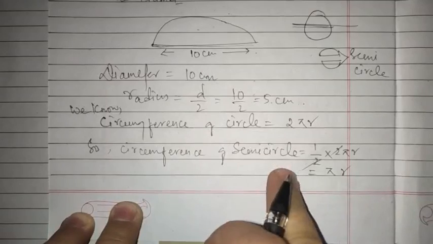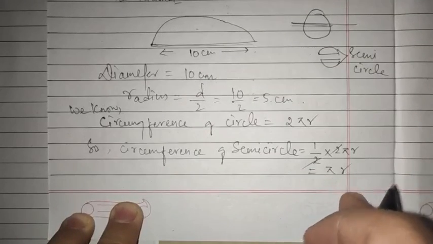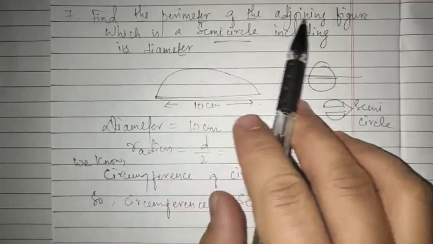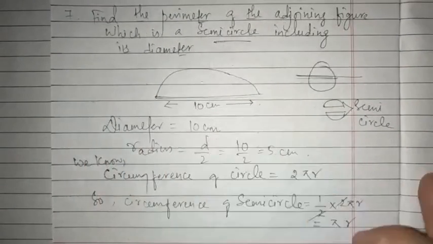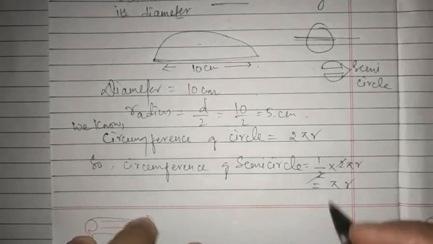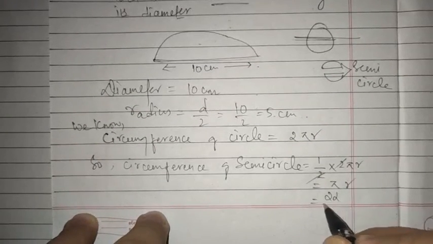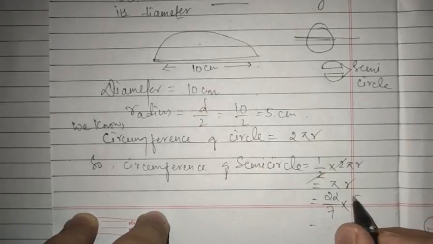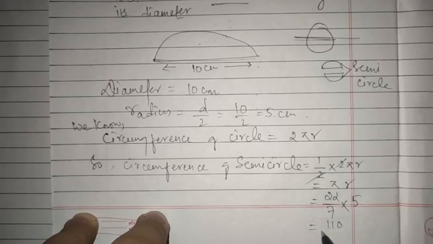So what they have asked is to find the perimeter of the adjoining figure, which is a semicircle including its diameter. Here the pi value we are going to put is 22 by 7. What is r? It is 5. Now 22 into 5 is 110 divided by 7 centimeter.